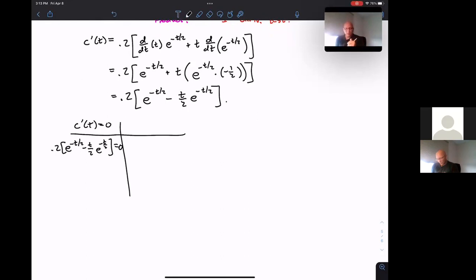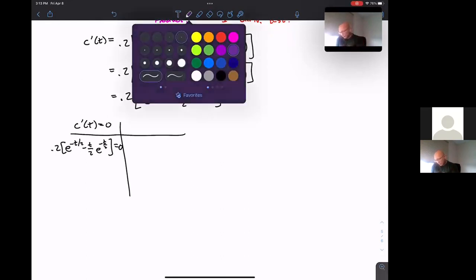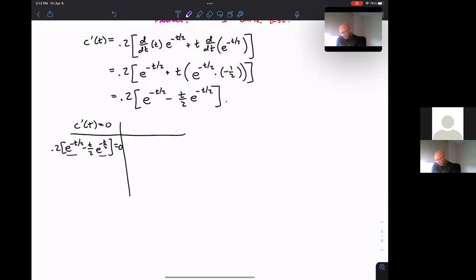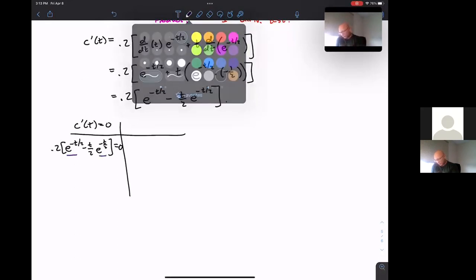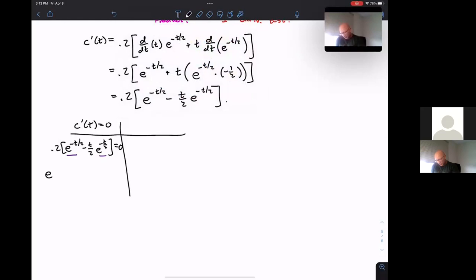I can divide by 0.2 on both sides. And in fact, even better, I can factor out an e to the minus t over 2 on both sides, right? So let me factor that out. So I'm going to have e to the minus t over 2 times 1 minus t over 2 equals 0.